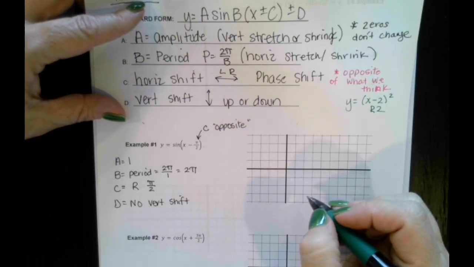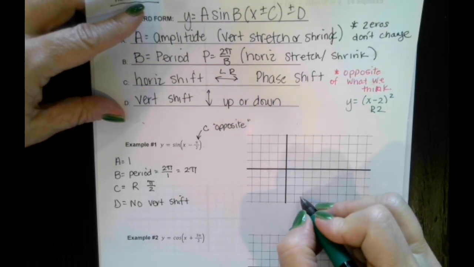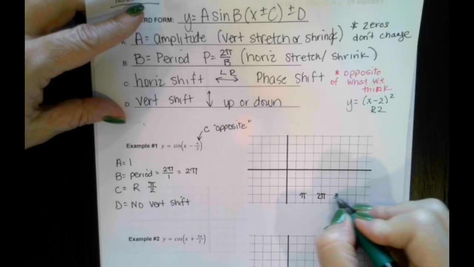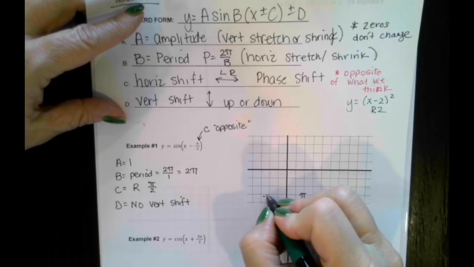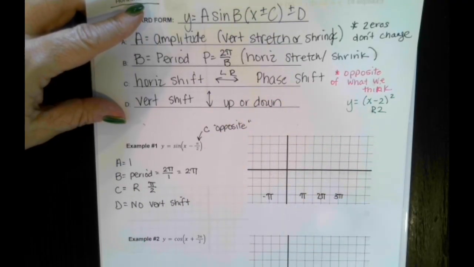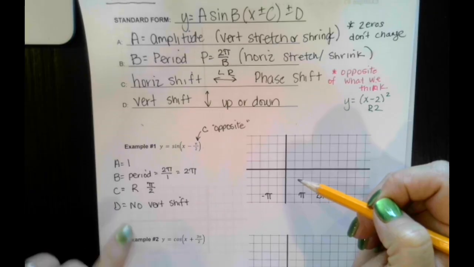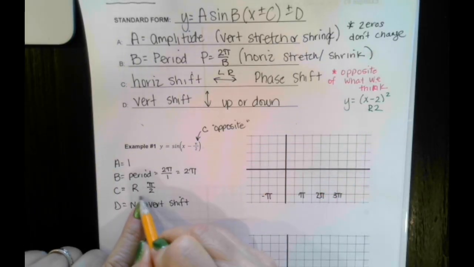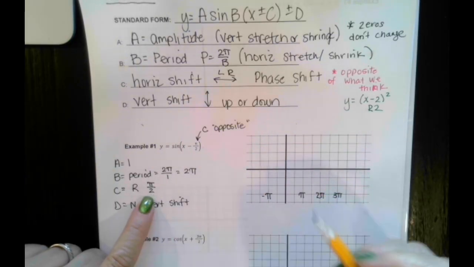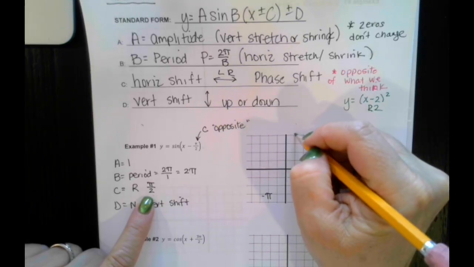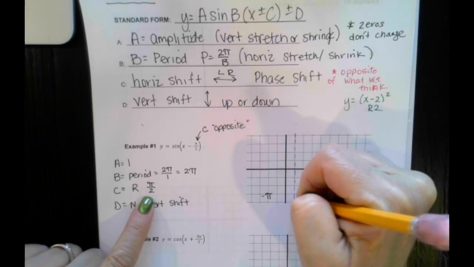All right, I'm going to label my axis, and I'm going to keep the same values. So I have pi, 2 pi, 3 pi, and if I go this direction, I have negative pi. I grab my pencil because I'm going to have my starting and stopping points. This is telling me that I'm going to go right by pi over 2. If each one of these is pi over 2, and this is pi, then this is my new starting point.